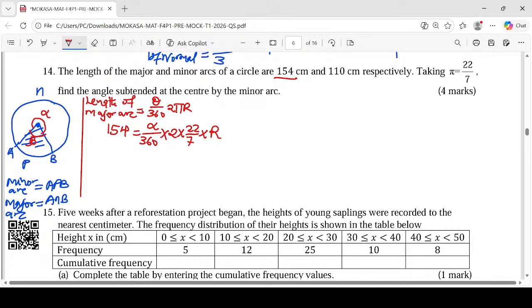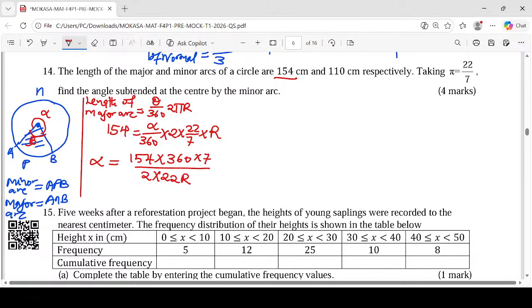So this will now become, I want you to be very, very keen with this type of questions. When you make alpha the subject of the formula, we are going to have alpha being equivalent to 154 multiplied by 360 multiplied by 7 all over 2 multiplied by 22r. That is the size of your alpha angle.